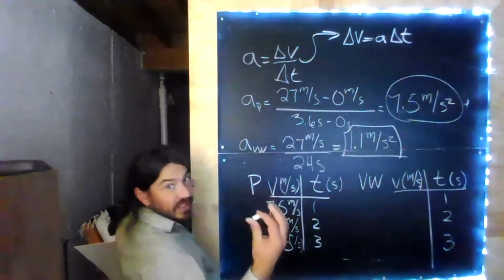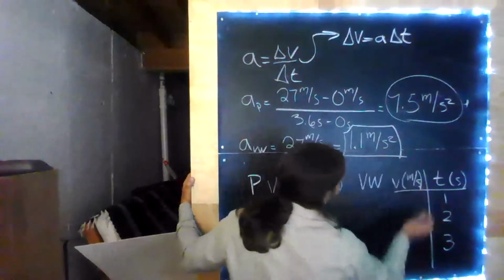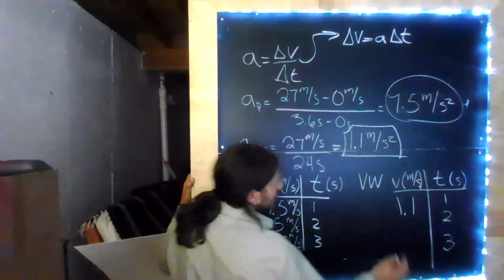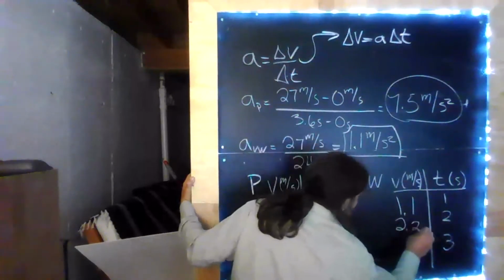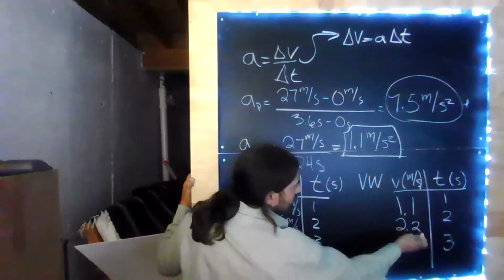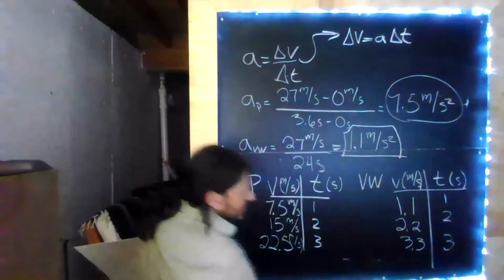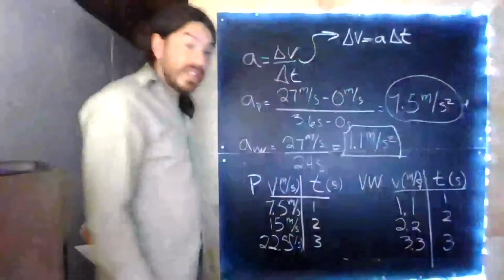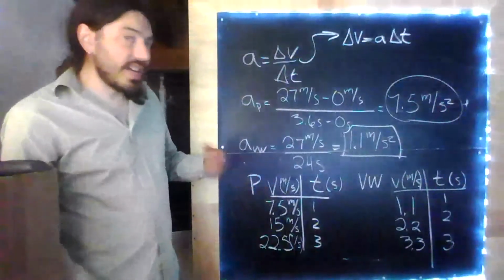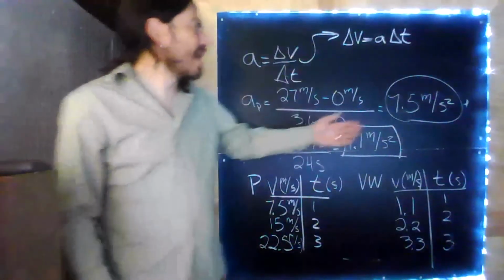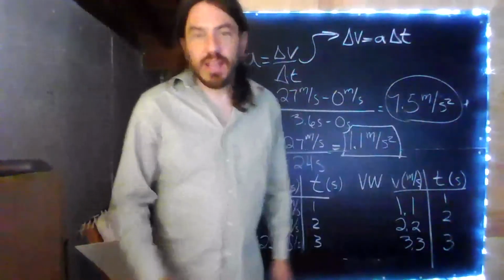Once again, it stopped at 0 seconds. At 1 second, then it'll be going 1.1. After 2 seconds, it'll be going 2.2. And then I'll add another 1.1 to get to 3.3 after 3 seconds. So we see here that, again, the reason I'm doing this example is to just try and help us wrap our brains around these units, right?